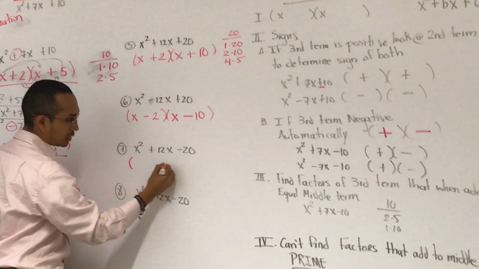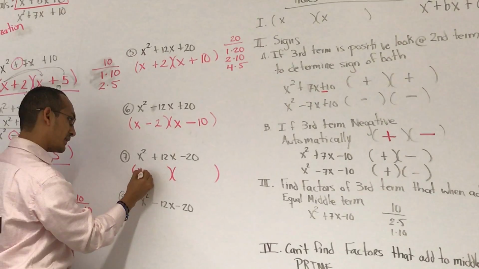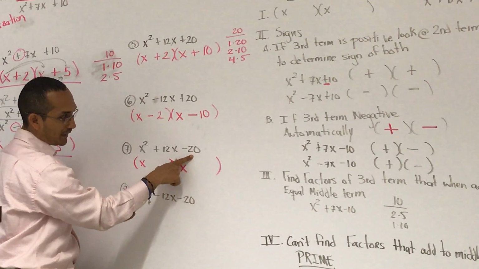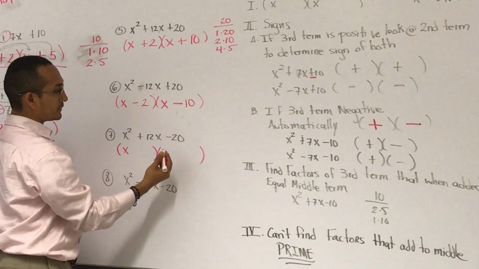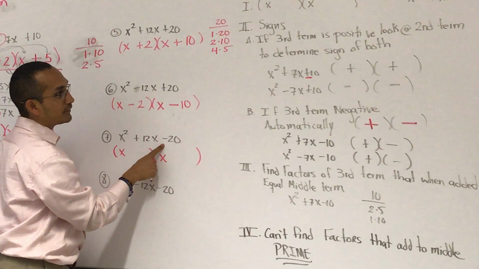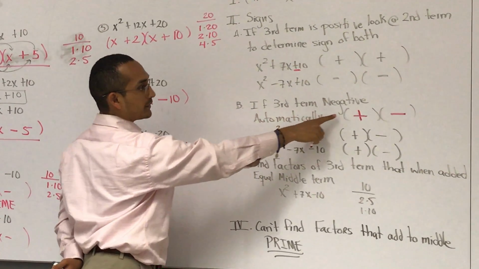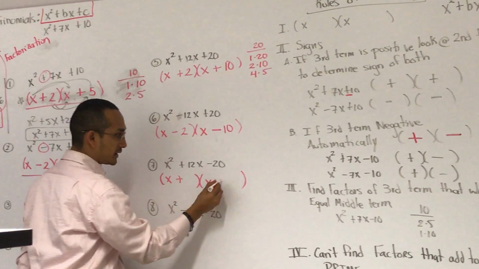Let's do a couple more. This one. x and x. Factors of 20: 2 and 10, 1 and 20, 4 and 5. But before that, the sign. The sign is negative here. If the third term is negative, automatically one is going to be positive and one is going to be negative.